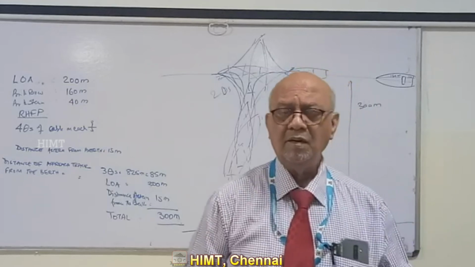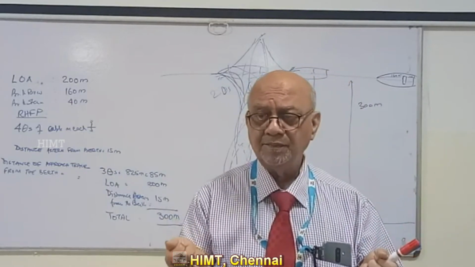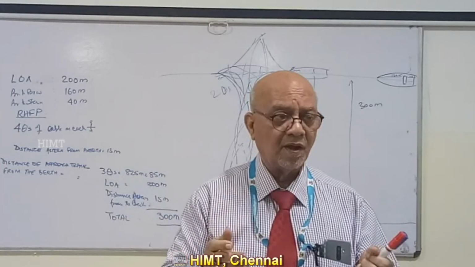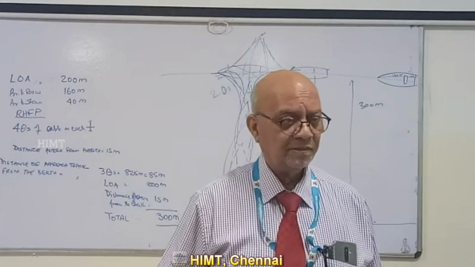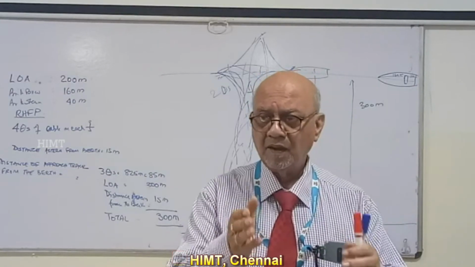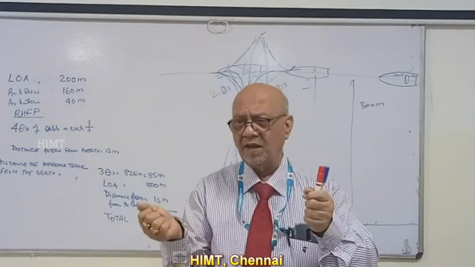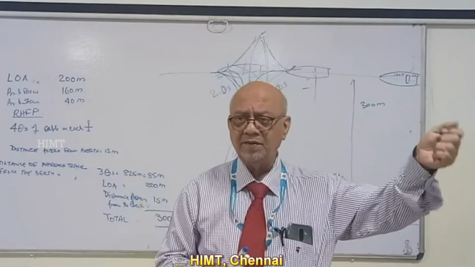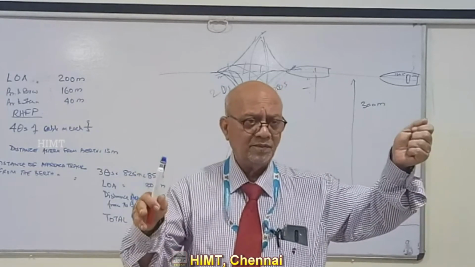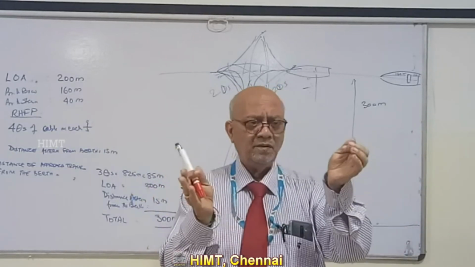So remember, with the help of the anchor cables and a little sternway, you can control the stern. As you're falling astern, whichever way you had a swing, by holding on to the opposite and paying out on the same side of anchor cable, you will be able to swing back the ship.